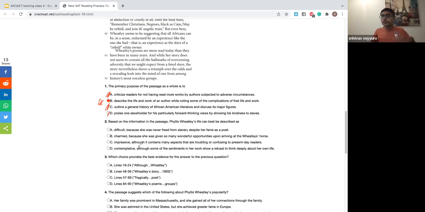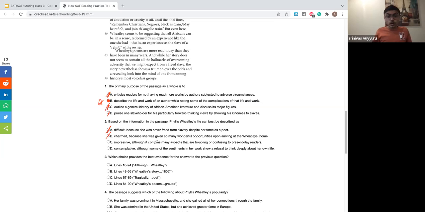Based on the information in the passage, Phillis Wheatley's life can be best described as: A, difficult because she was never freed from slavery despite her fame as a poet. That is obviously incorrect, simply because she was freed after her master died. B, charmed because she was given so many wonderful opportunities upon arriving at the Wheatleys' house. That is also incorrect, simply because it doesn't talk about it anywhere.